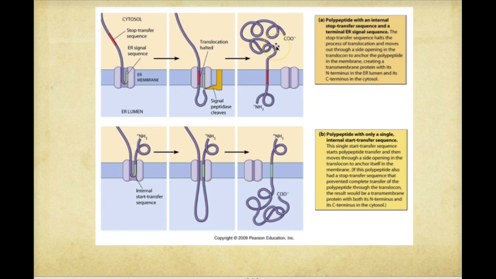But in the top one, the C-terminus is a much larger portion of the protein than the N-terminus. And on the bottom, the orientation of that has been reversed. The bulk of the protein at the C-terminus is now inside the cell, and the smaller amount of the protein at the N-terminus is now outside of the cell.